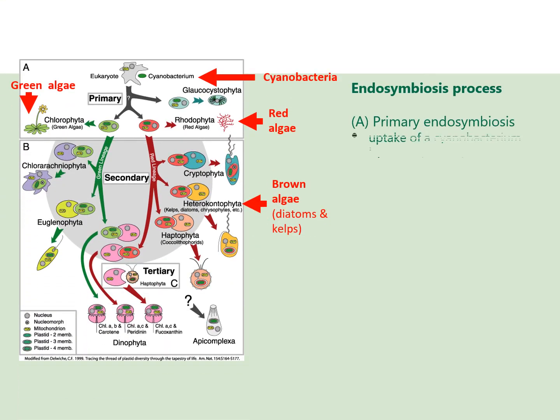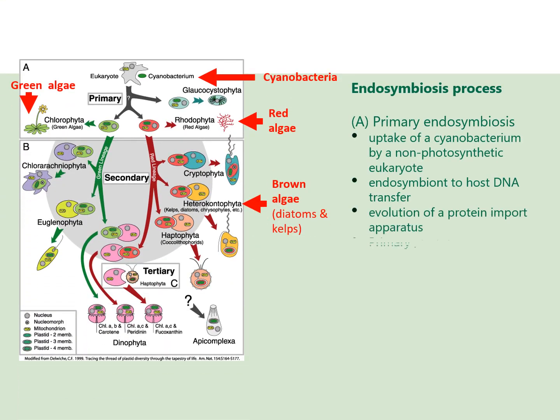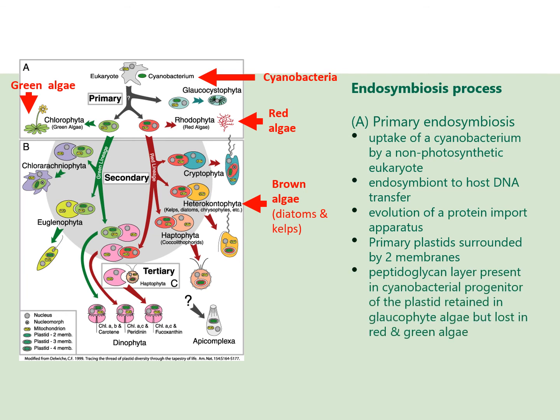Okay, this diagram will give a little bit more description of the endosymbiosis process. The A box is the primary endosymbiosis event, where we can get such lineages as the green algae, red algae, and glaucophyte. The B box is much more complex, where the secondary endosymbiosis is occurring.